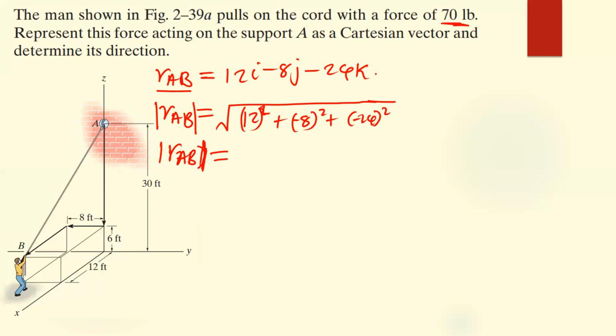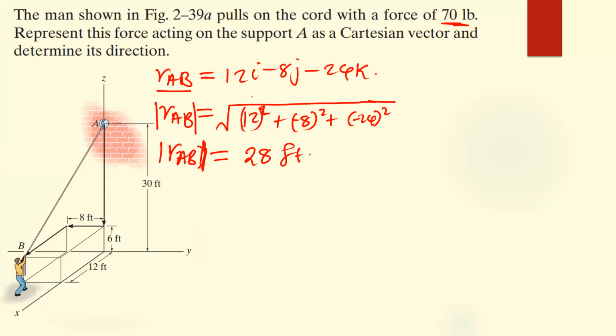Okay, let me just use my calculator quickly. So we have 144 plus 64 plus 24 squared. That is 784. Then the square root of answer. So we're getting 28. So the magnitude of this vector is 28 feet.